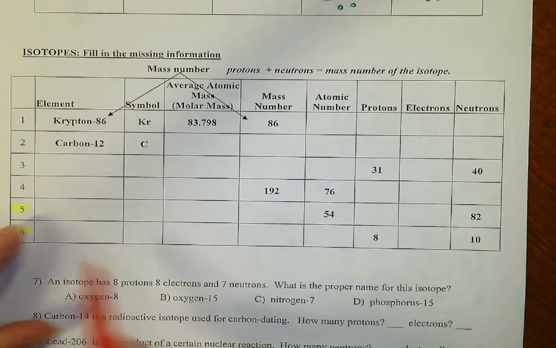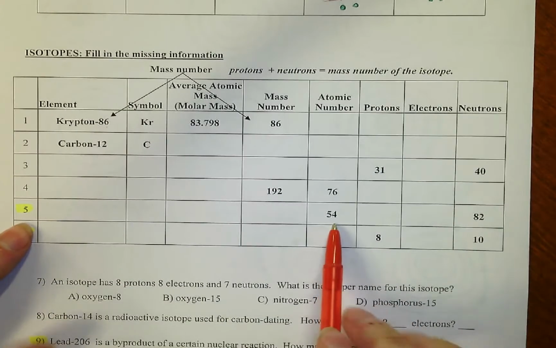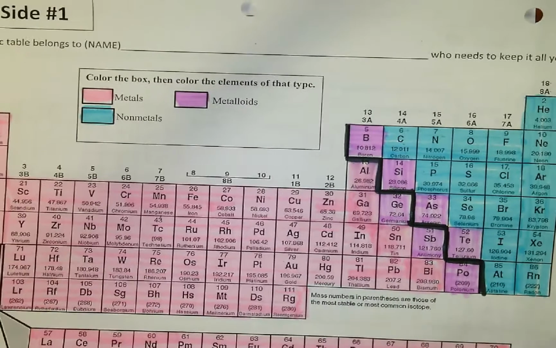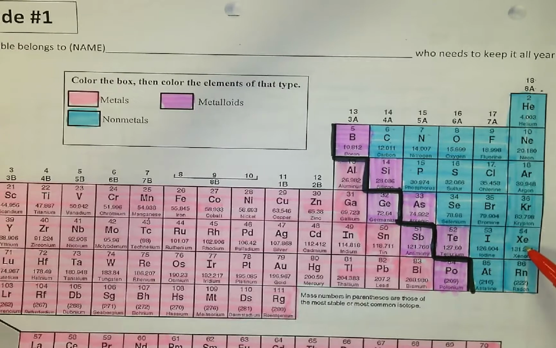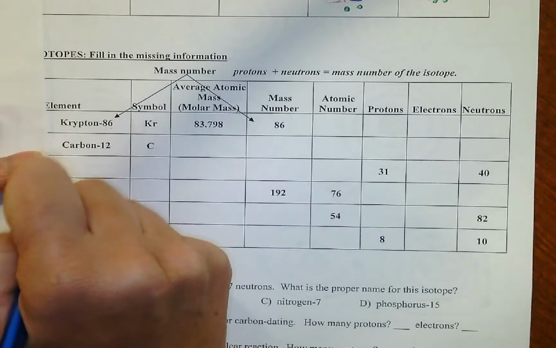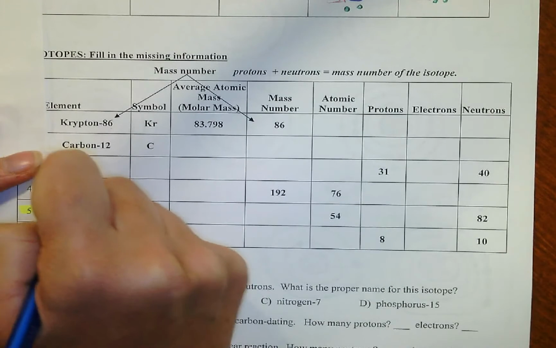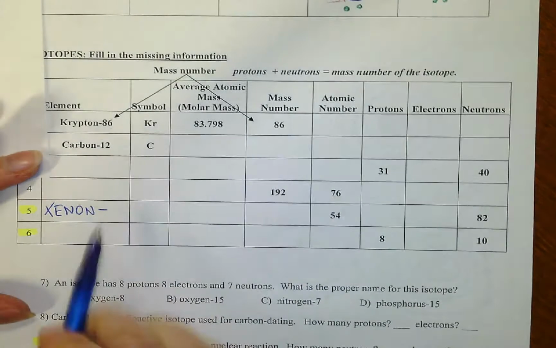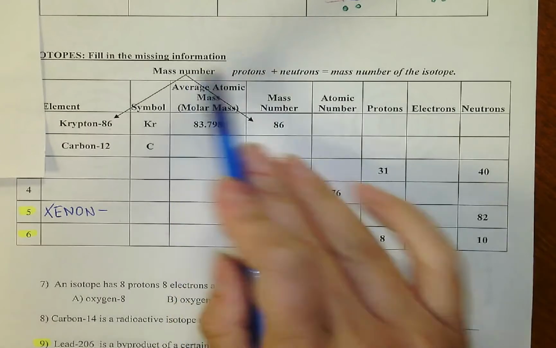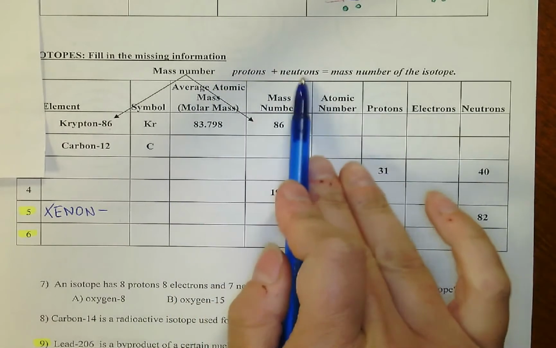So in this case, we're going to look over here. Atomic number 54 means that it is element 54, which is Xe, xenon. So I'm going to write that. 54, xenon. And then I need to write the total mass. I'm not going to write 54 there. I don't put the protons there. I put the mass number, which is protons plus neutrons.